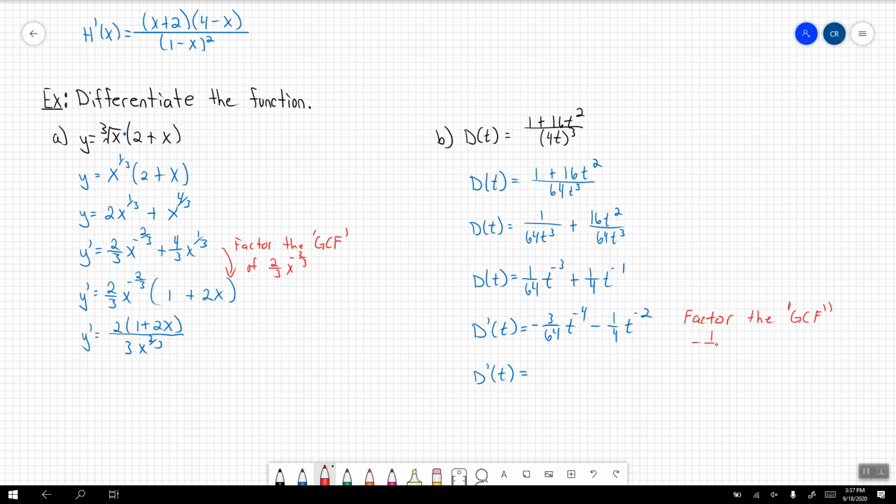So let's go with negative 1/4 to start off with. Okay, that looks pretty good. And actually, I think I want to take something higher here. I think I want to go with 1 over 64 as my GCF. That way this denominator of 4 can then have a numerator, and it'll be really nice. So negative 1 over 64, and again I'm going to take t to the power of negative 4.